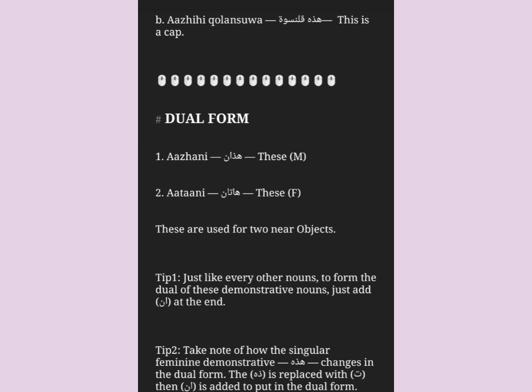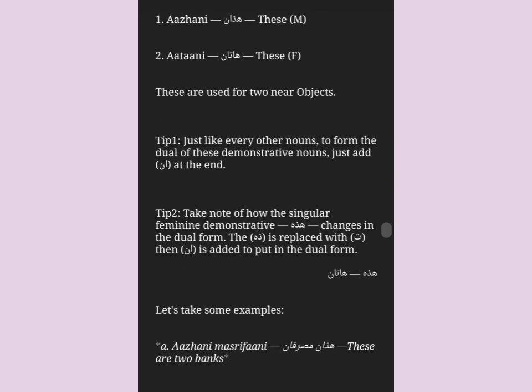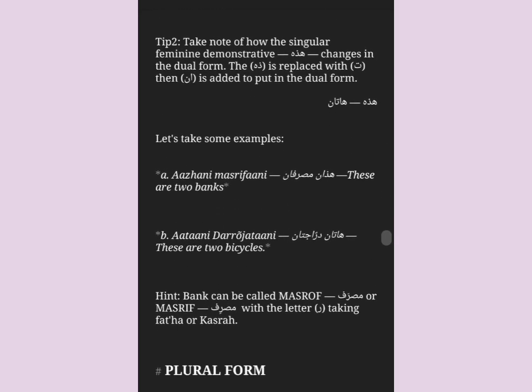So in order not to cause confusion, you write it with the alif mat. Others you pronounce with the alif mat, but you don't write them that way. Now let's just take a look at some examples in this case.